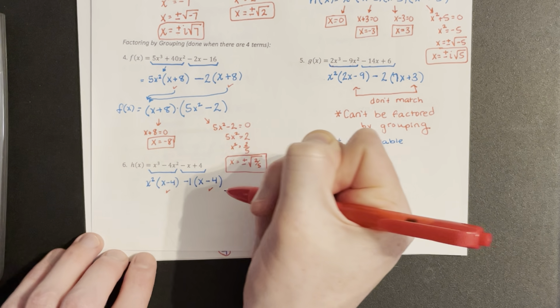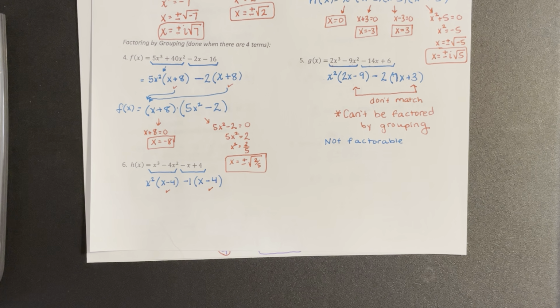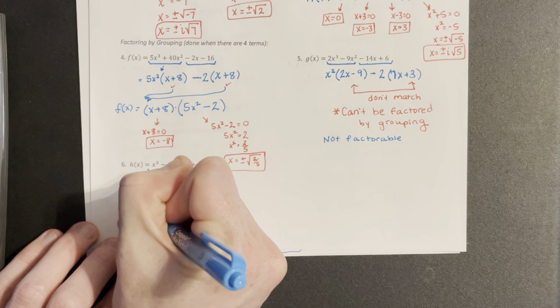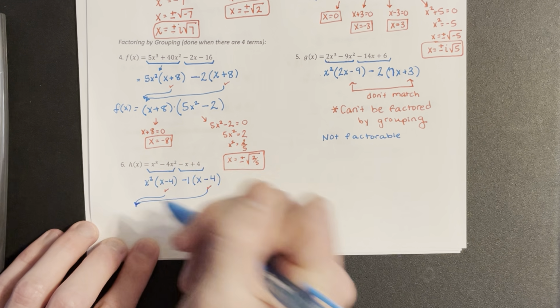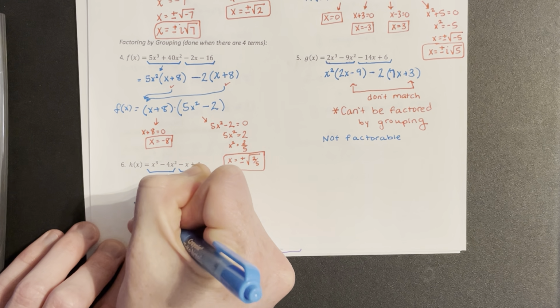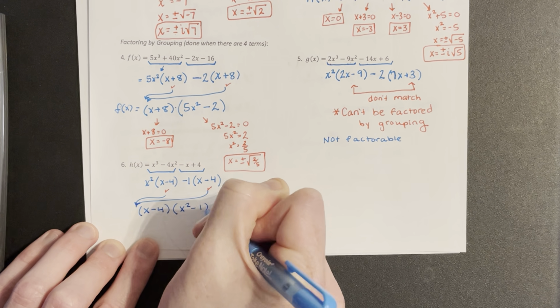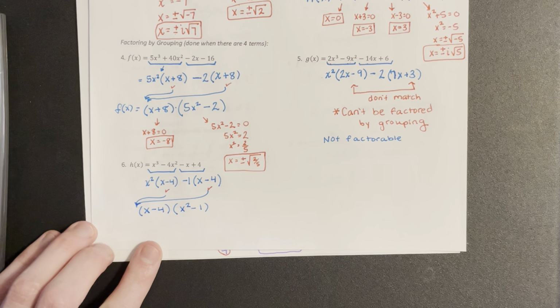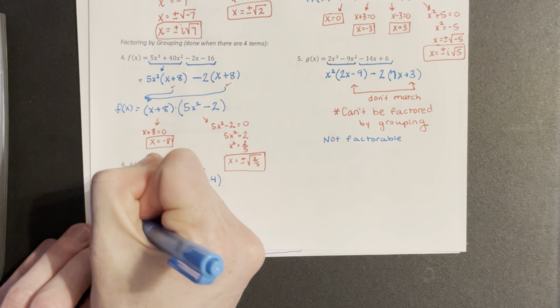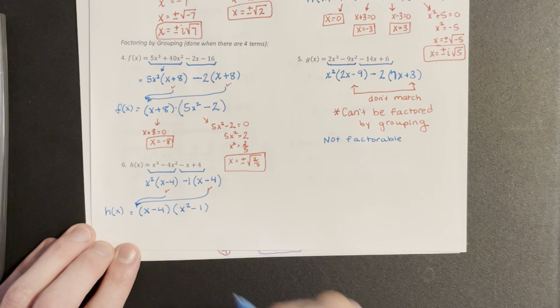So x minus 4 and x minus 4, we do have a GCF. So I'm going to bring that out as a GCF from each. So x minus 4 times x squared minus 1. The coefficients became the next factor. Leave my h of x out here.